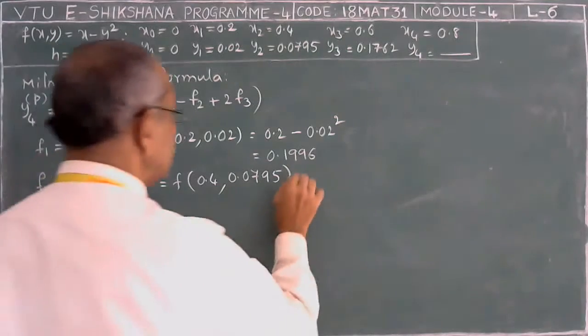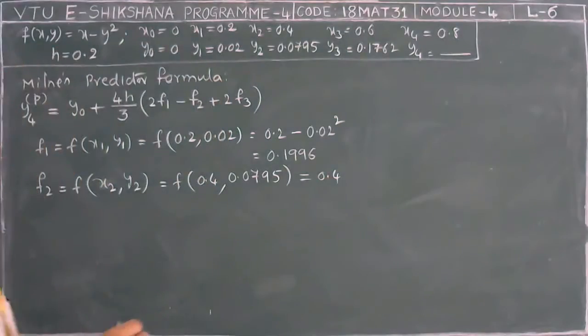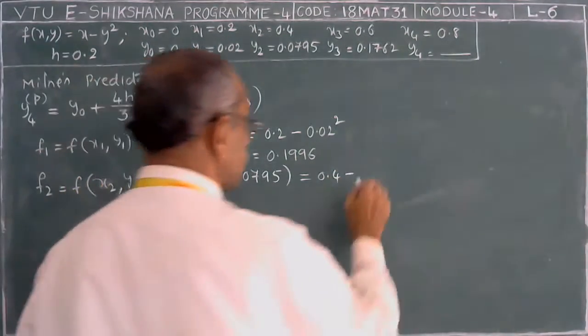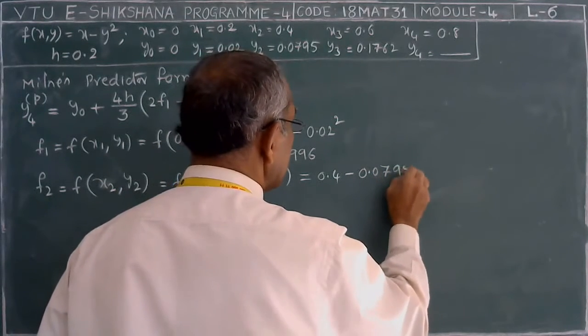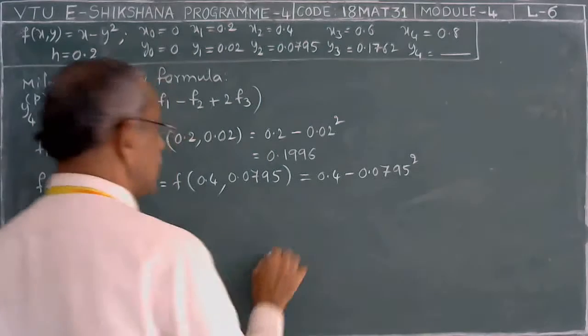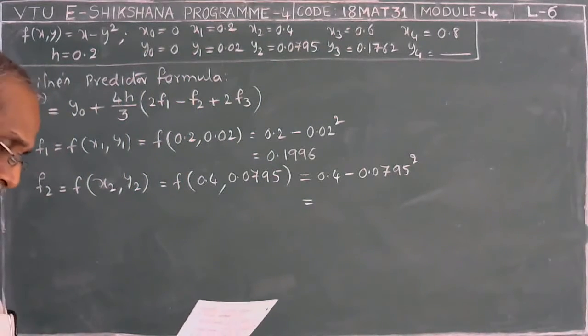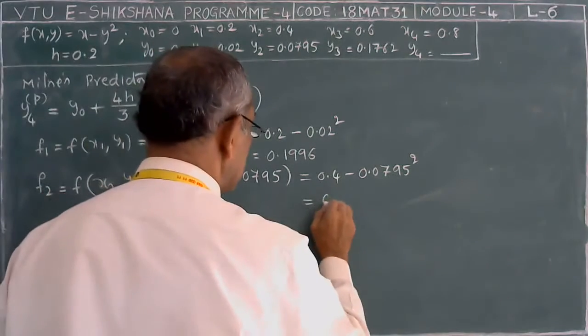By definition, this is 0.4 minus 0.0795 square, and if you compute carefully using a calculator, you get 0.3936.